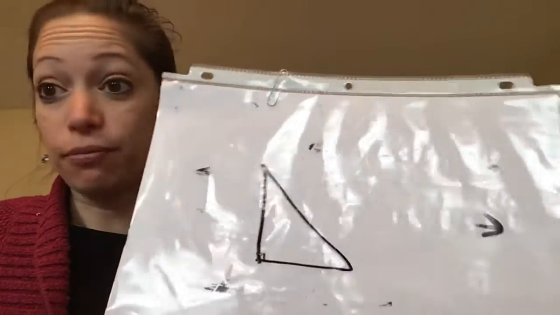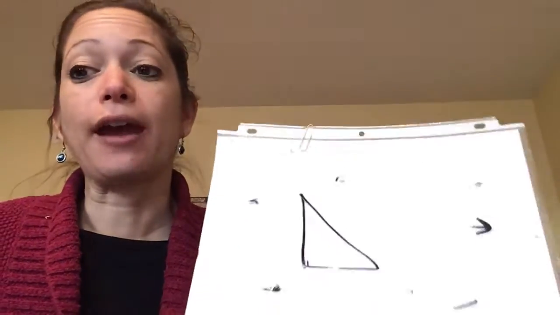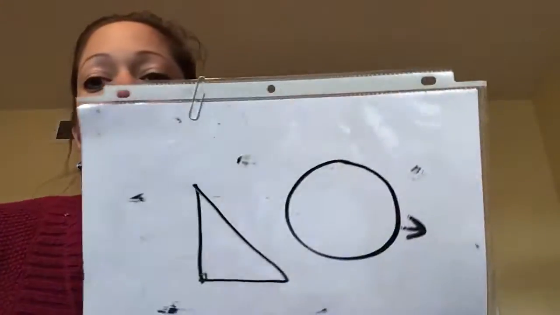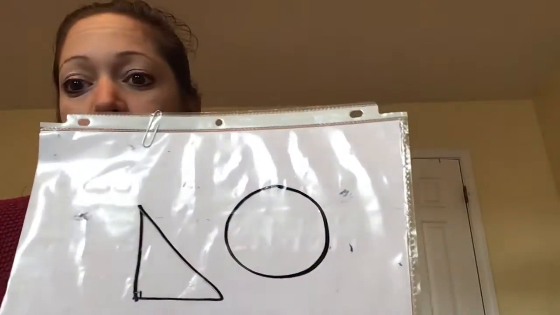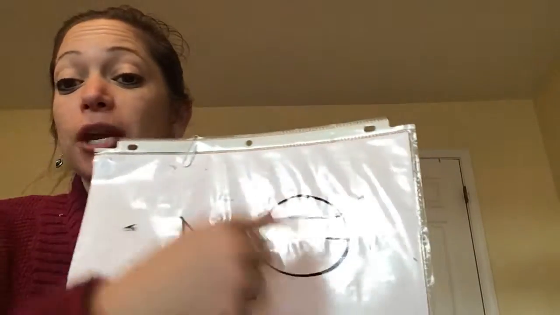I hope you said no. Triangles can never, ever have parallel lines because there's only 3 lines there to begin with. And let's take a look at our famous circle. Does our circle have any parallel lines? No. We could have parallel lines go through it, like this. But the shape itself never, ever has parallel lines.